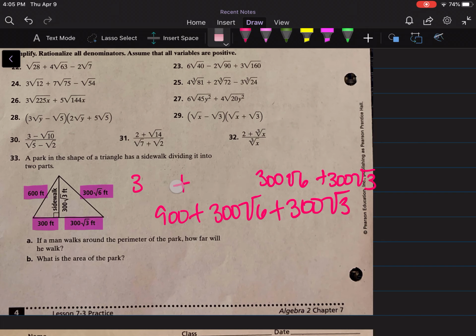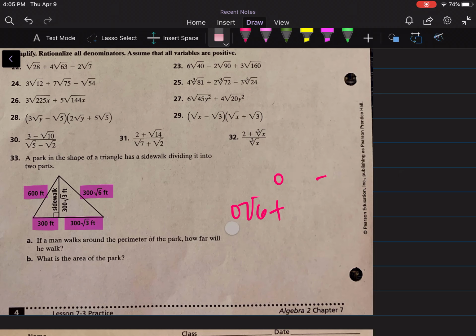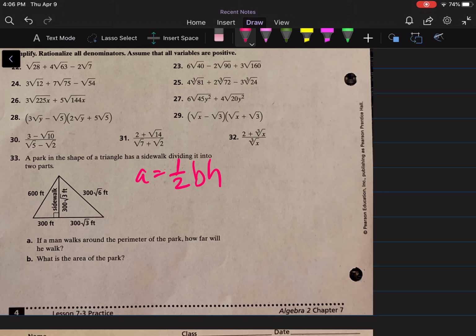Okay, so then it says, what is the area of a park? Now you got to look at the triangles. 2 triangles. The area of a triangle equals 1/2 base times height. So the height for both of them is this 300 root 2.